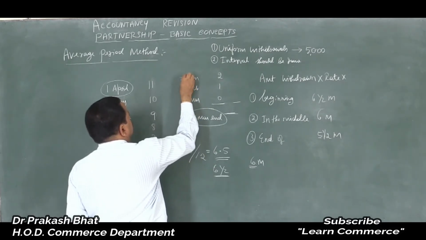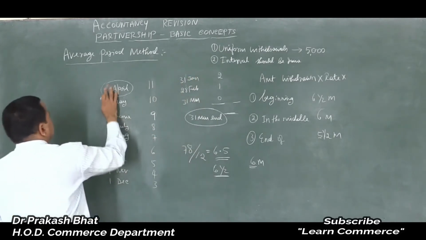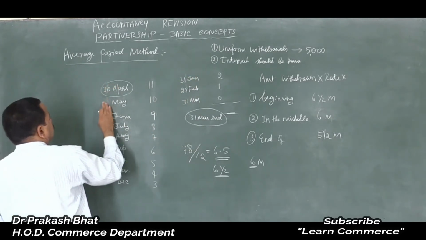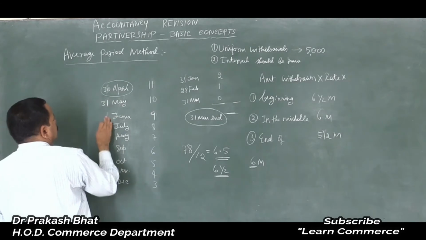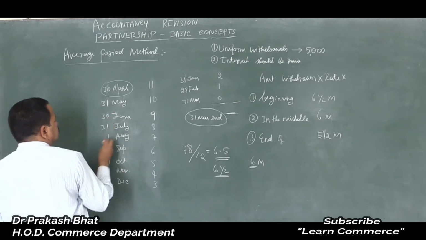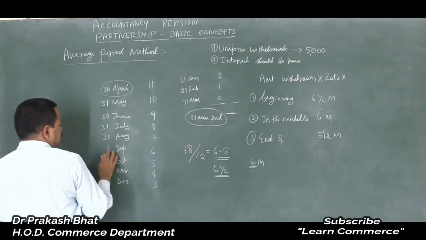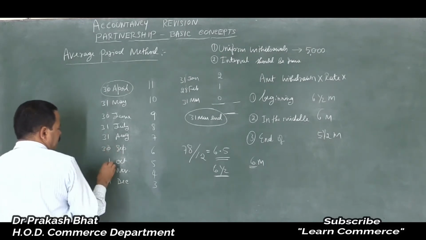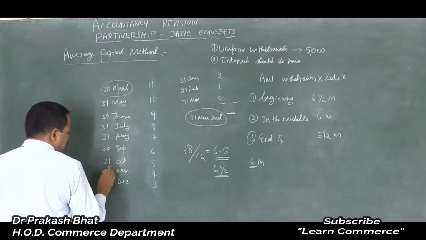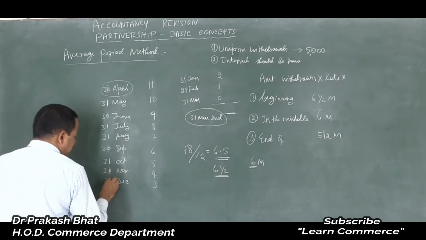Here 31st January, here 30th April, 31st May, 30th June, 31st July, 31st August, 30th September, 31st October, 30th November, right, and 31st December.